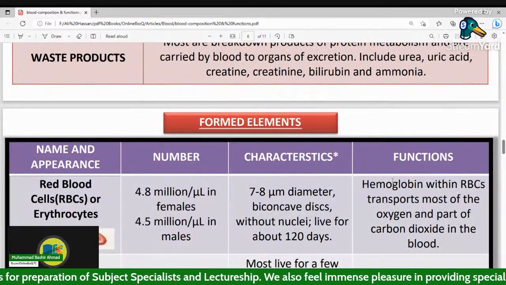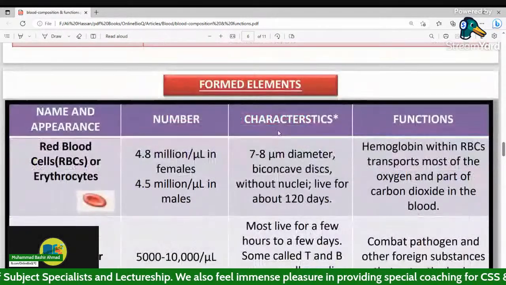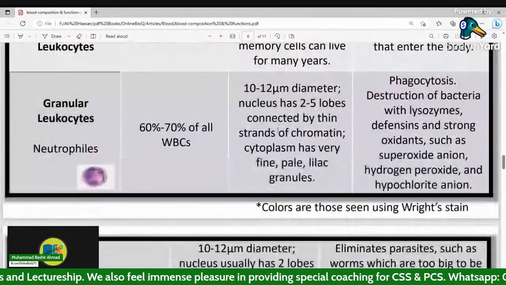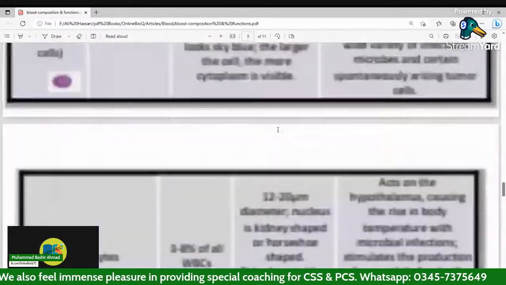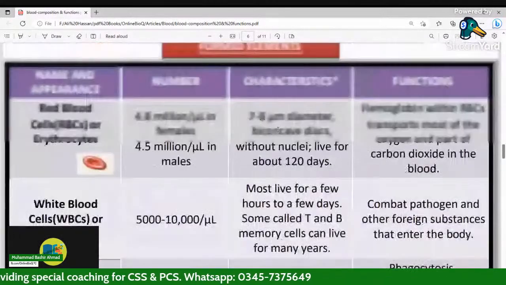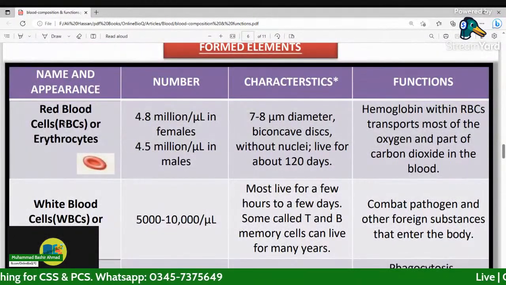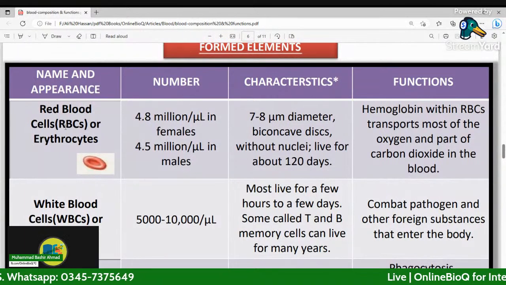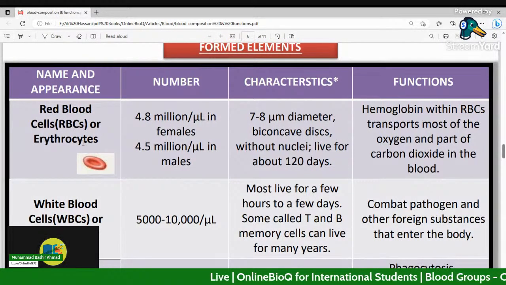When we talk about formed elements or blood cells, these are red blood cells, white blood cells, and platelets. First we will study red blood cells, also symbolized as RBCs or also known as erythrocytes.